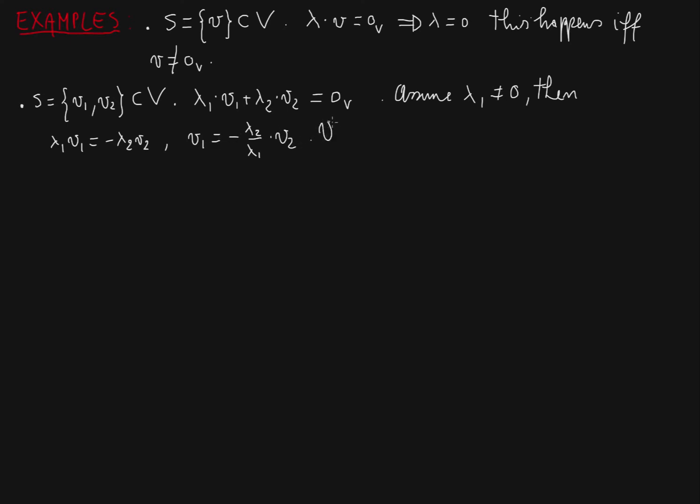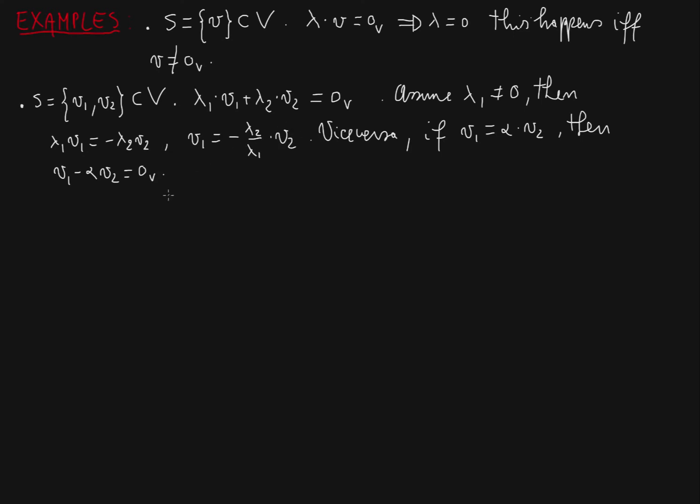Vice versa, if V1 is a multiple of V2, therefore V1 is alpha times V2, then I can clearly find a non-trivial linear combination of V1 and V2 that gives me the 0 vector, namely V1 minus alpha V2 equals the 0 vector.